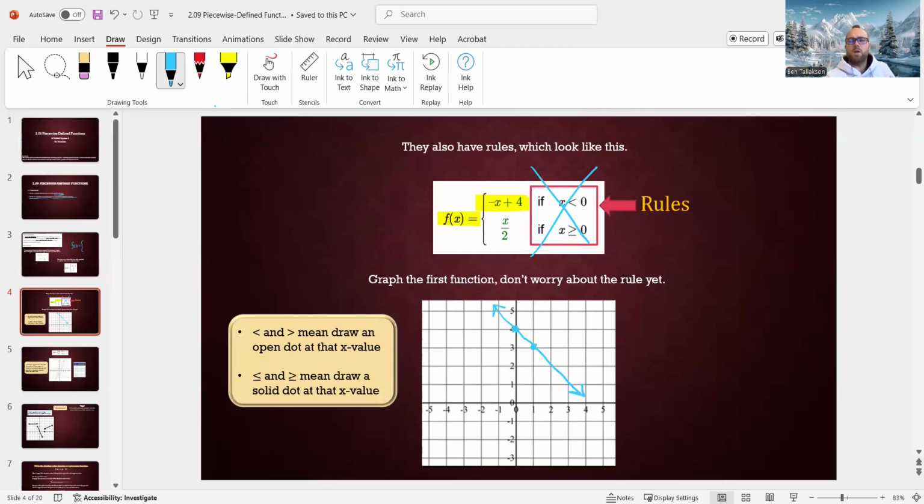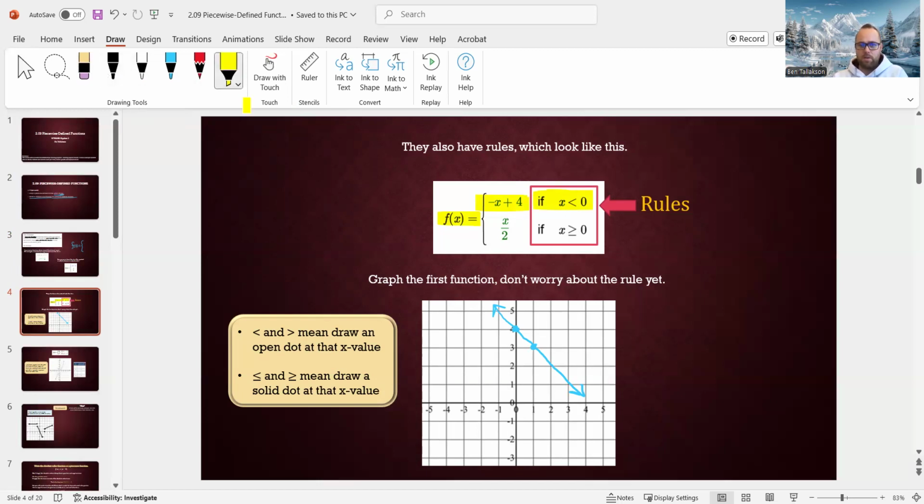So all is well, but there is a rule. So let's now bring that rule into place. And here's the rule. It says this is how we read this. This function exists in this scenario only if x values on that line are less than 0. So where is that?